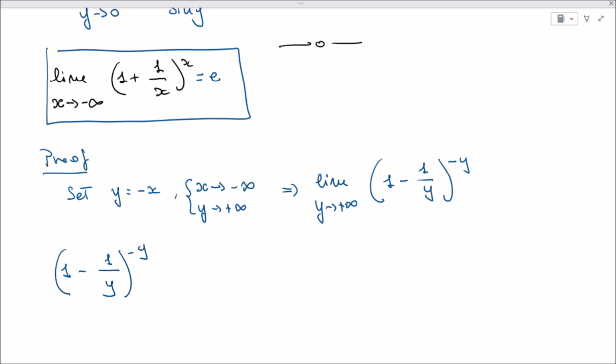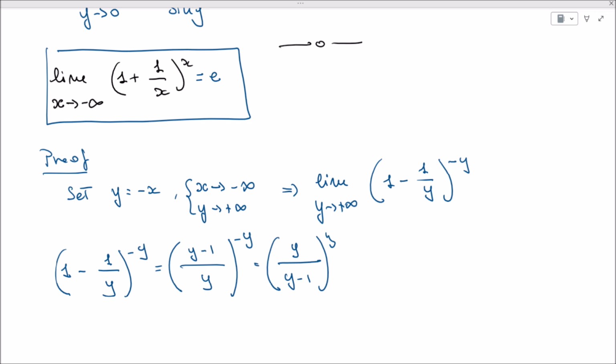Let me first make a common fraction. So we have y, and then we have y minus 1, all raised to the minus y. But this is nothing else than y divided by y minus 1, all raised to the y.